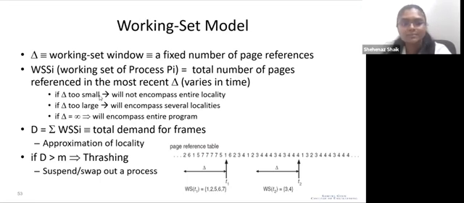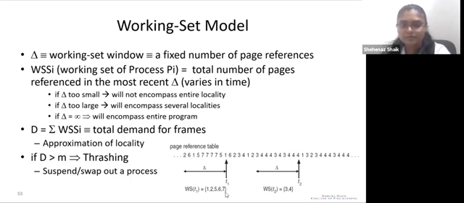But considering these aspects, we need to ensure that the time that we use to identify the locality, or to identify the working set of a particular process, is important. Okay? So here we have some examples where, let's say we take delta to be of this particular size, then we see that it accesses all these different pages: 2, 6, 1, 5, and 7.